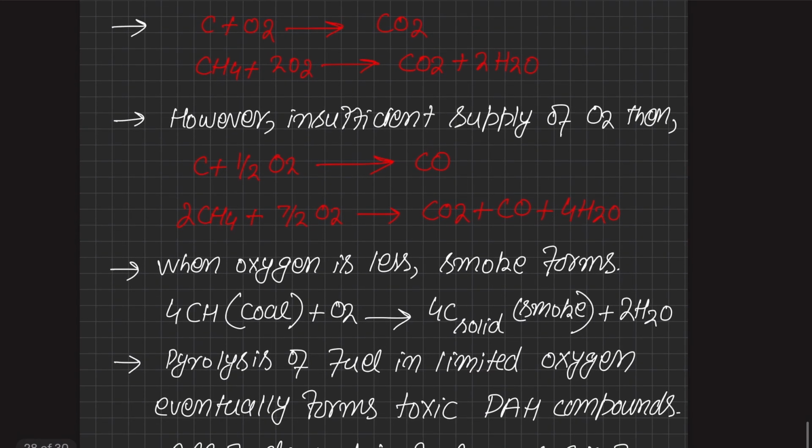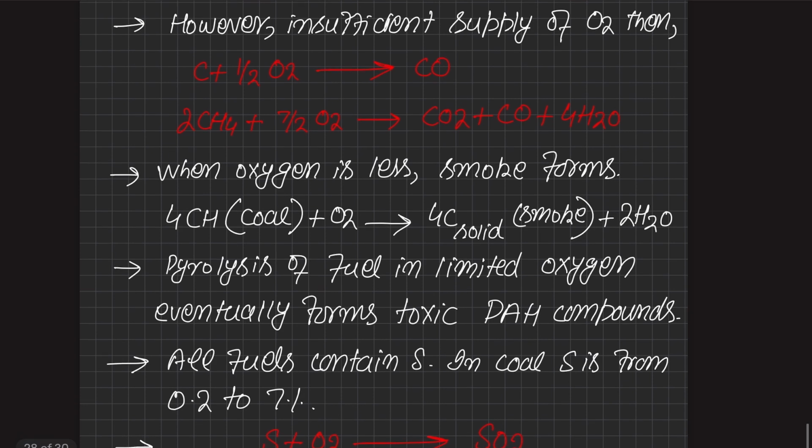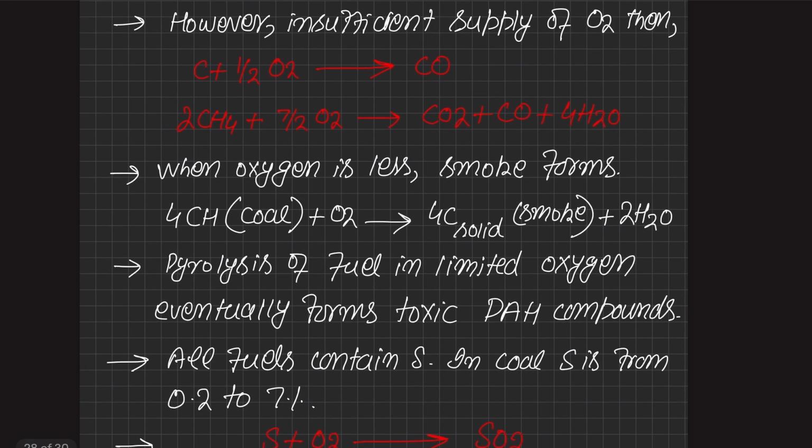However, in an insufficient supply of oxygen, rather than carbon dioxide, carbon monoxide is produced. Carbon plus one atom of oxygen produces carbon monoxide, and similarly if we write the equation for combustion in a limited supply of oxygen, the products are carbon dioxide, carbon monoxide and water. So when oxygen is less, carbon monoxide is formed.